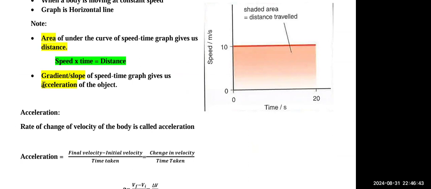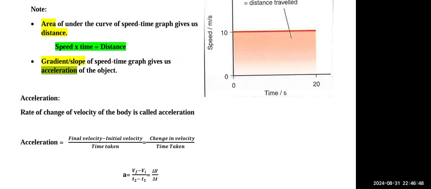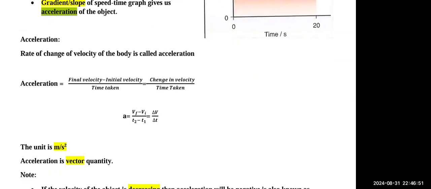Now I will give you information about acceleration. What is acceleration? Acceleration means the velocity of the body is changing. Suppose you sit in the driver's seat of your vehicle and push the accelerator, and the car starts to gain speed.